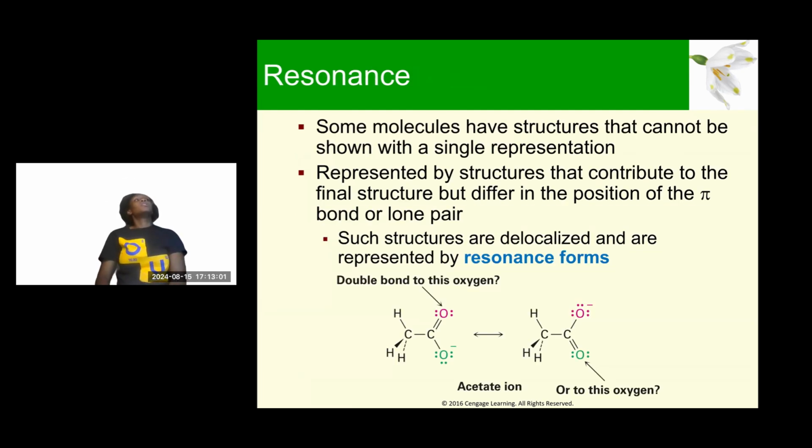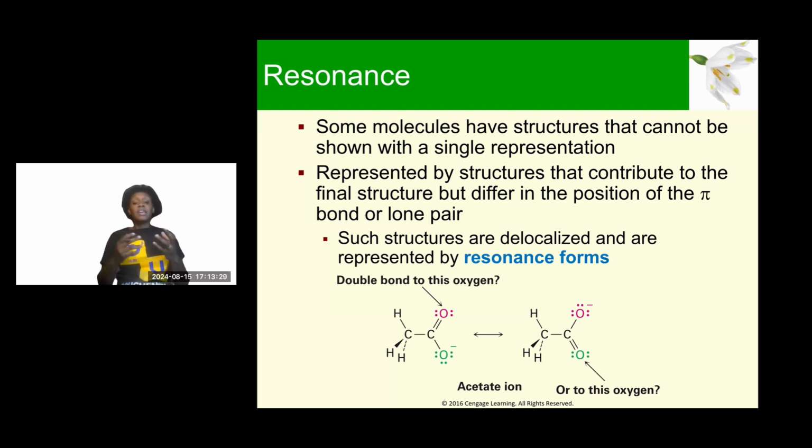All right. Some molecules have structures that cannot be shown with a single representation, but are represented by structures that contribute to the final structure but differ in the position of the pi bonds or lone pairs. So now we're talking about resonance, okay? The best way to think about resonance is that sometimes electrons are moving, and because they're moving, the bonds move.